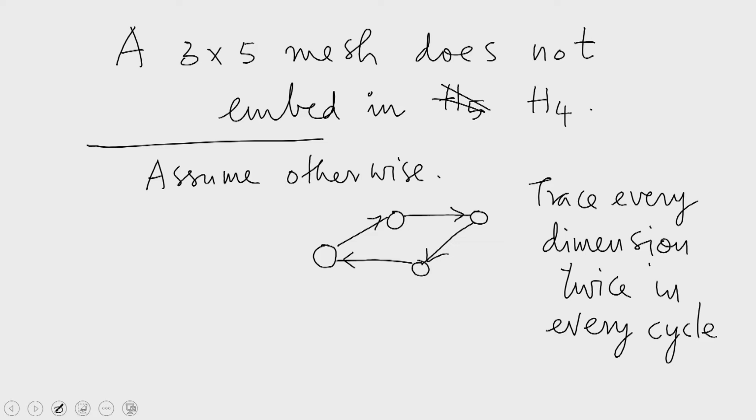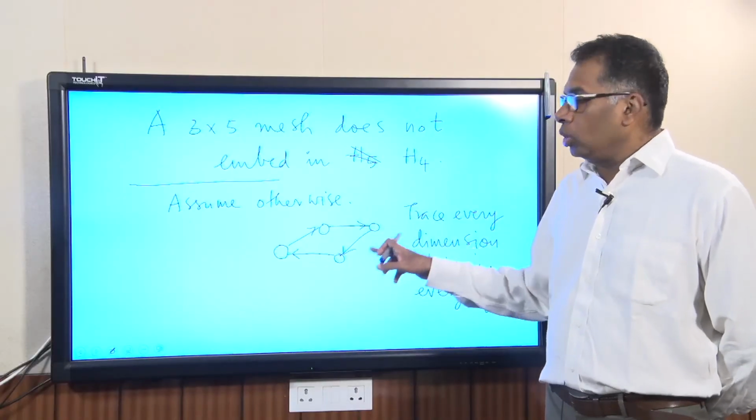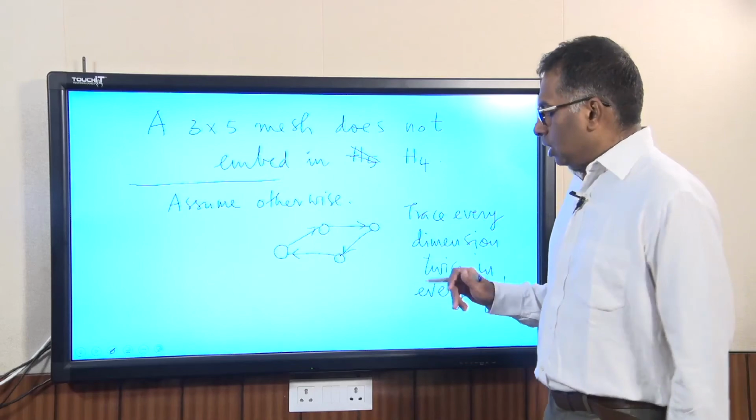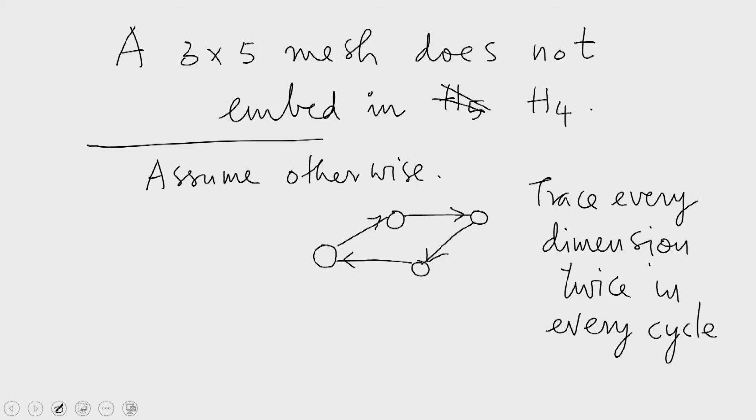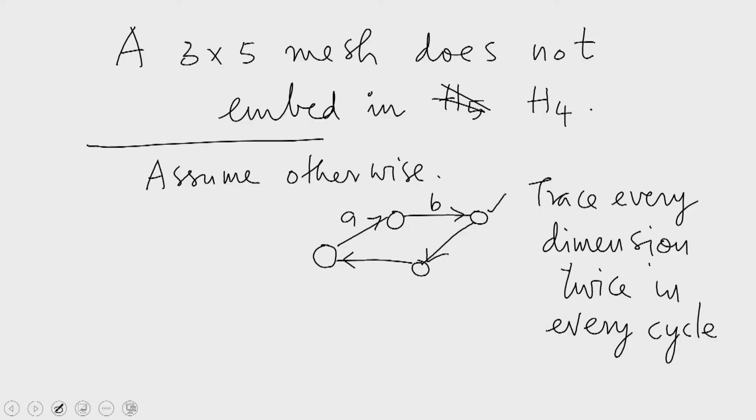In particular, if you consider a cycle of length 4, then you find that there are exactly 2 dimensions here, because any dimension that is crossed has to be recrossed. There can be only 2 dimensions in a cycle of size 4. So, if one dimension is the ath one and the second one is the bth one, then you have to retrace these dimensions back. But then at any node in the hypercube, there is only one edge of a particular dimension. So, if you consider this node here, it has only one edge of dimension b.